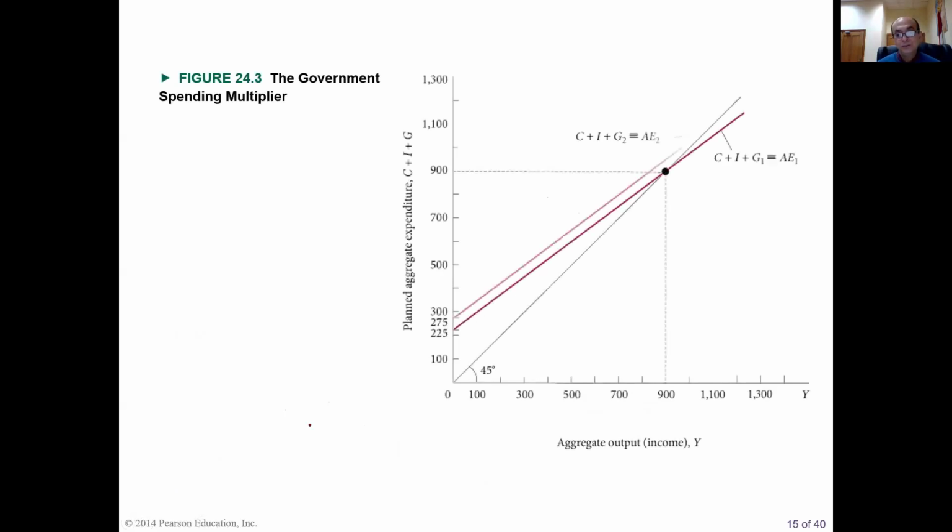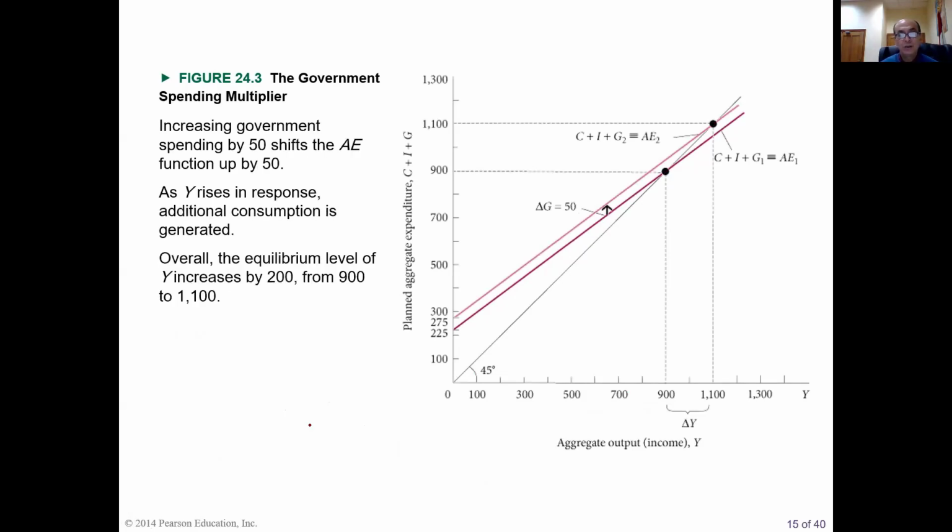We can also show how we determine the equilibrium point according to a new level of government expenditure. We have here the 45-degree line as total supply or total output, and we have the initial aggregate expenditure here, with the equilibrium point at 900 as we did before.